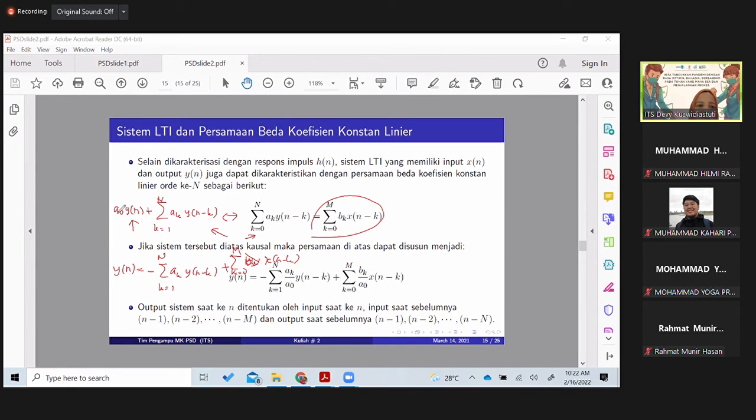And don't forget that you still have this a0 here, so a0 must be normalized.